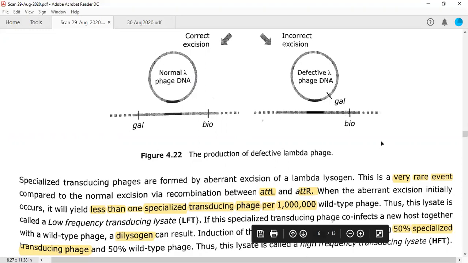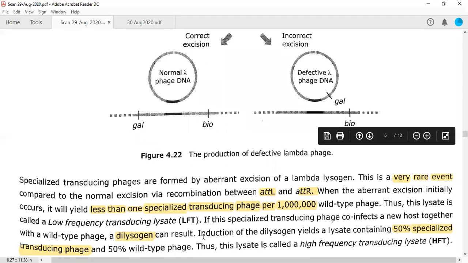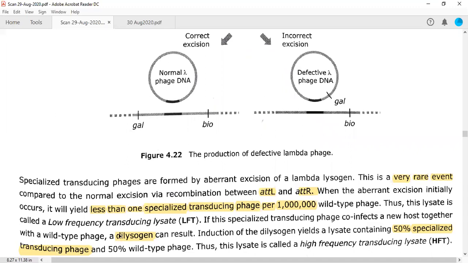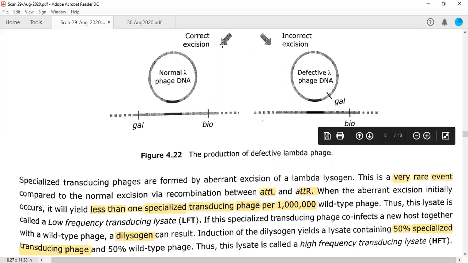When lysis takes place, a dilysogen will give rise to two types of bacteriophage particles: one specialized transducing phages and one wild type normal phages. So half will show this defective lambda phage DNA packaging, right? Then this is called high frequency lysate.